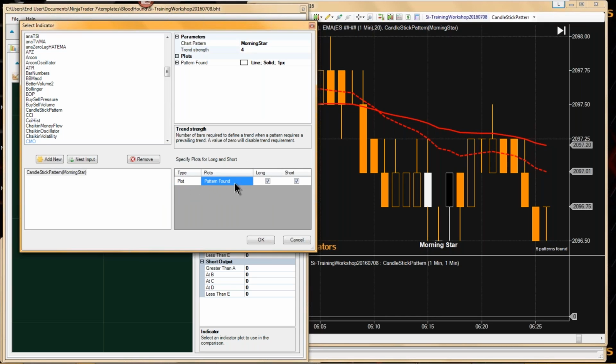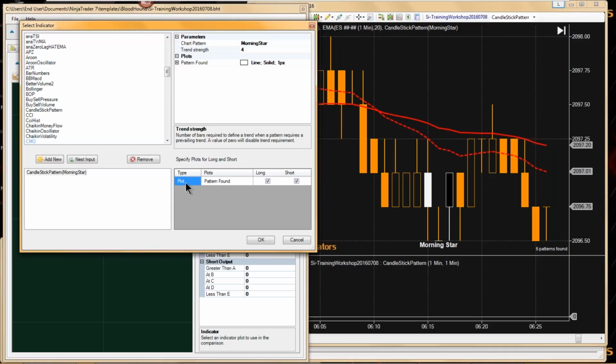This plot is not seen on the chart, but it has either a positive 1 value for a long candlestick pattern, or a negative 1 value for a sell pattern. So hopefully, Gary, your indicator has something like this.